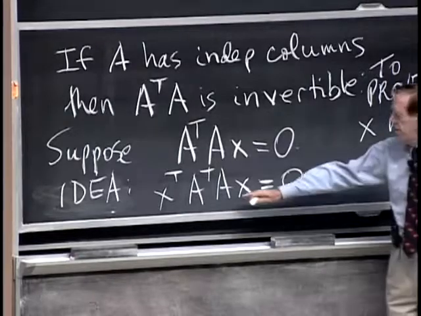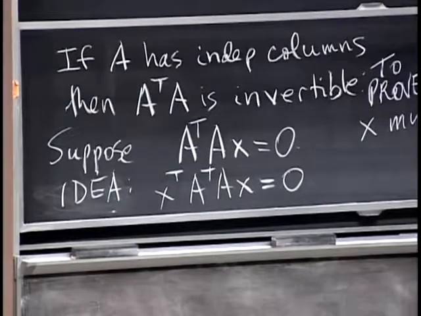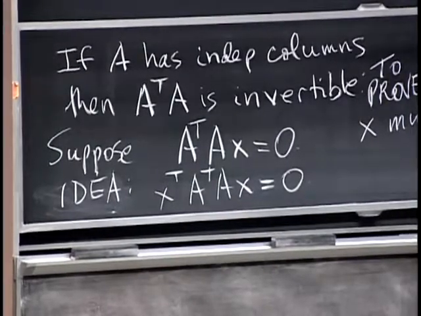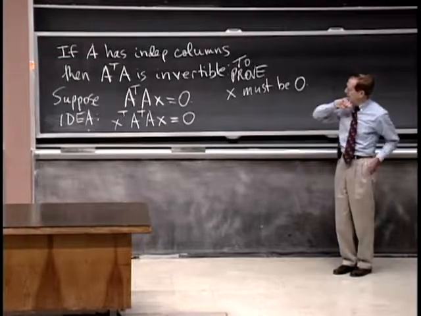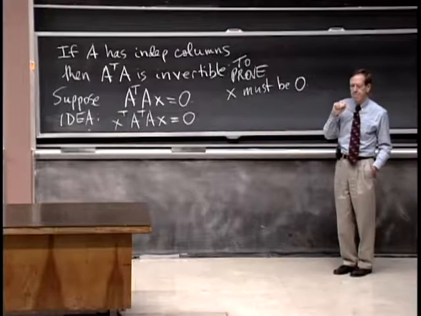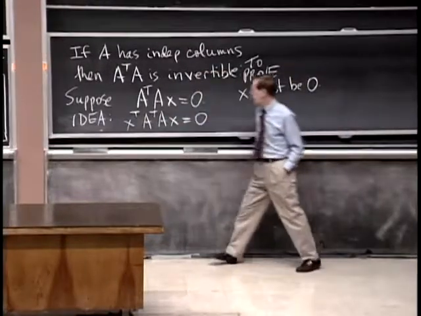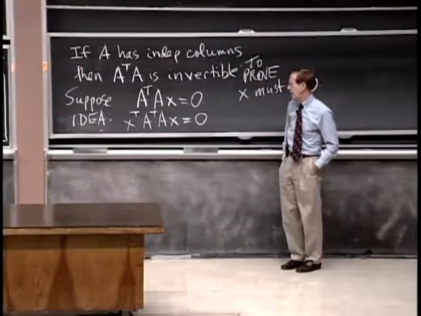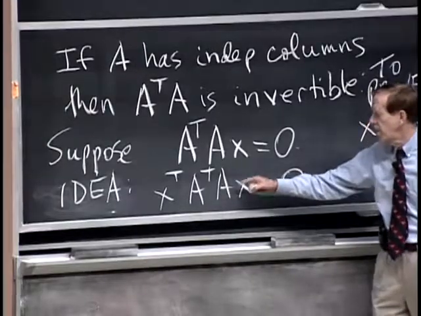Now, I got to that equation, x transpose A transpose A x equals 0, and I'm hoping you can see the right way to look at that equation. What can I conclude from it? What is x transpose A transpose A x?